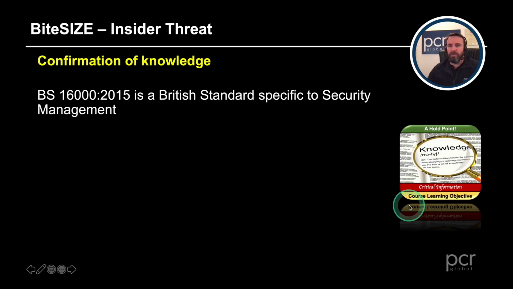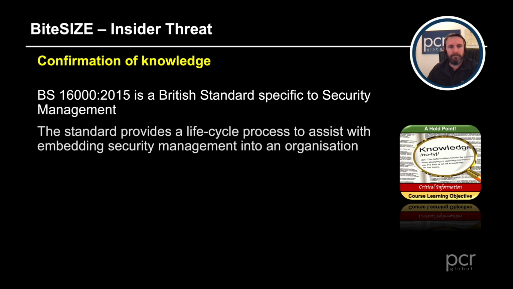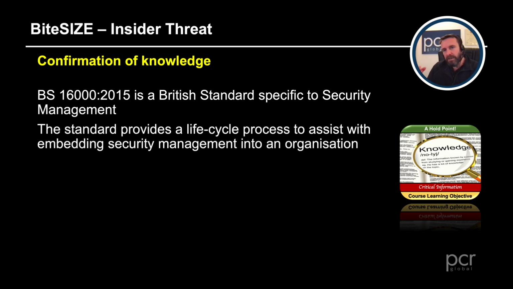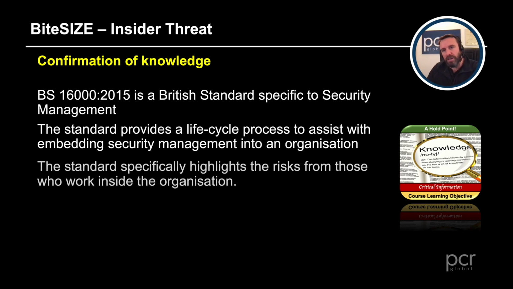Okay, so confirmation of knowledge for that section. British standard, we've just looked quickly at it. 16,000, 2015, it is a British standard specific to security management. The standard gives us that life cycle process to assist with embedding security management into an organisation. I love my frameworks. I find it much easier to follow a framework or a process when I see it written down like that.